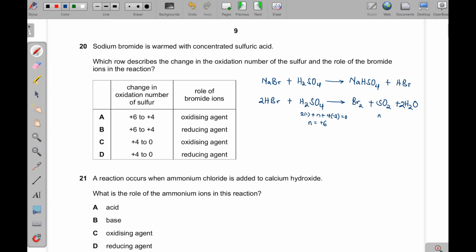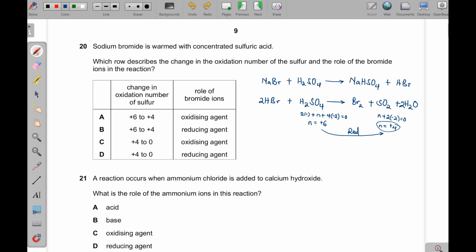And then here in SO2 we have N, then plus 2 times -2 is equal to 0, so the oxidation number becomes +4. Now it decreases from 6 to 4. That means there is a reduction, because the oxidation number decreases from 6 to 4.